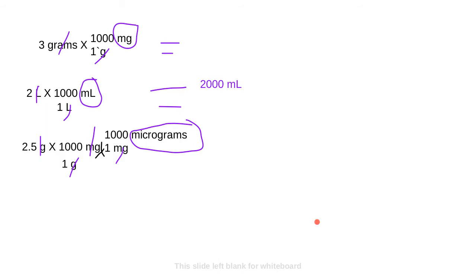So feel free to pull out a calculator because we have that luxury. Or if you were on an exam, you would not be able to. So you would be multiplying across, and you would say 2.5 times 1,000 equals 2,500. And at this point, I'm still in milligrams. So now I have 2,500 milligrams and I need to end up in micrograms.